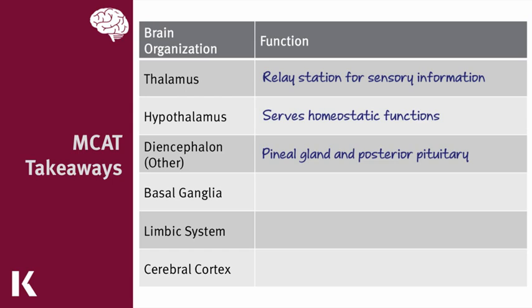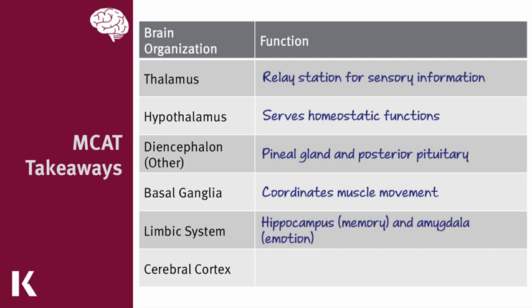Then the portions of the forebrain that arise from the telencephalon are the basal ganglia, which help us to have smooth, coordinated muscle movement and maintain good posture. The limbic system has an important role in our ability to form memories and emotions, and then the cerebral cortex is responsible for many of the characteristics that are unique to human beings.